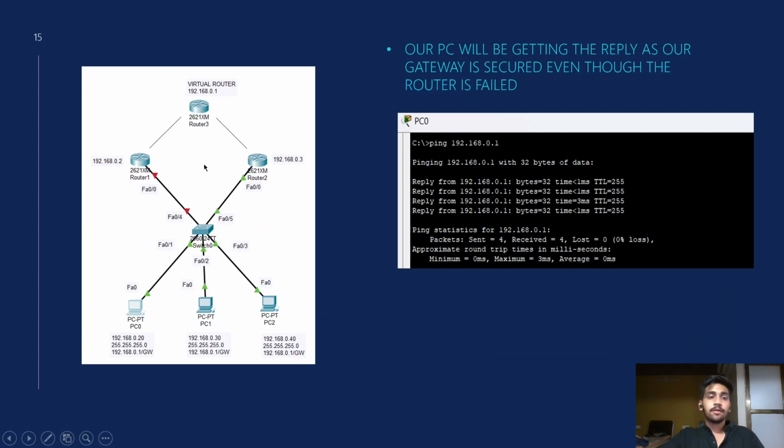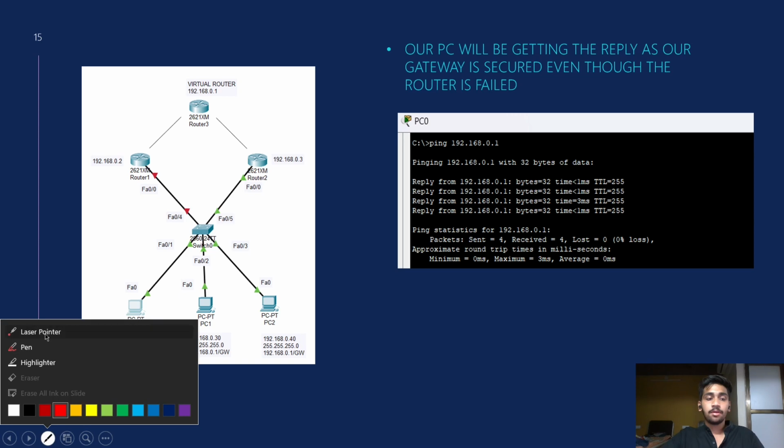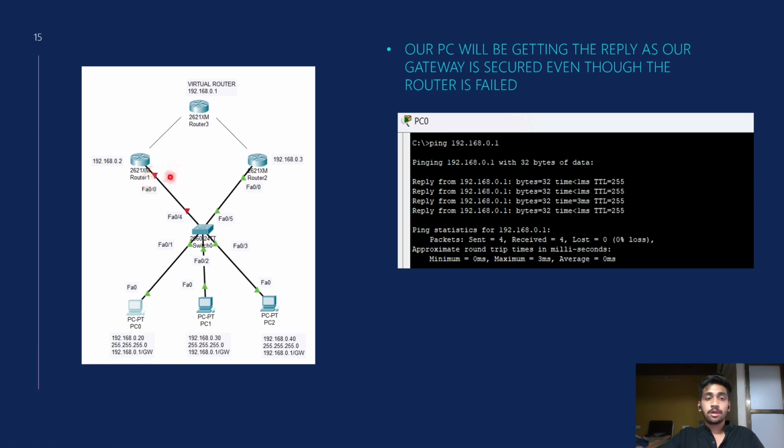Now, as we know that our router 1 is down, the network connectivity of router 1 with the switch and the PCs is disabled. As you can see in the diagram, there are red arrows on the connectivity, which means there is a network failure in our network.